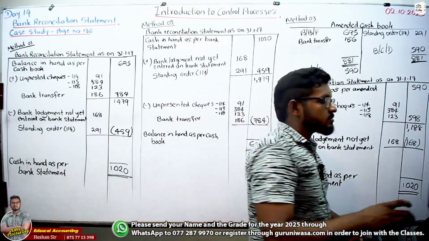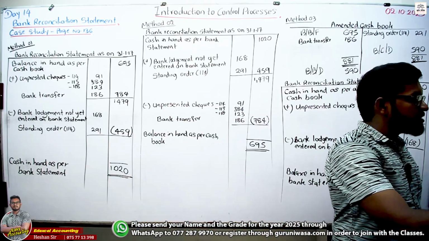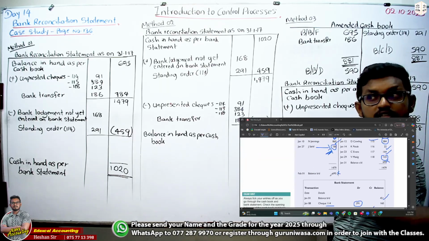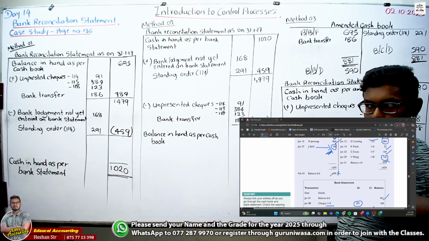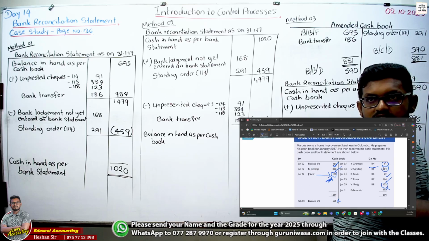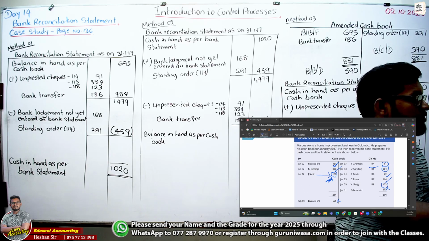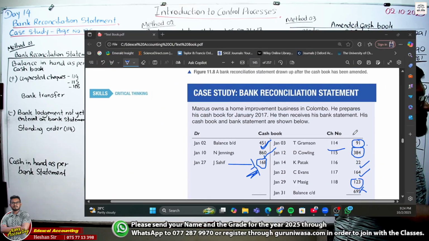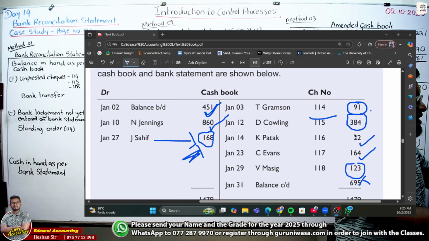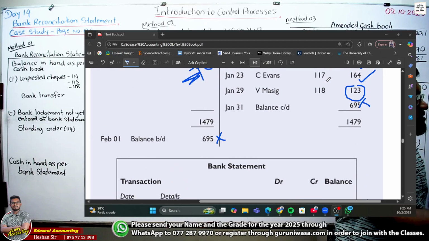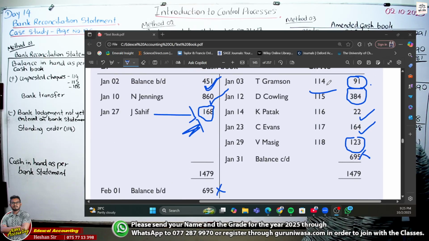But all are correct, though there is a matter. What is the matter? These are the two matters you can see in here, right? In here, just see the new thing. You can see the same check number 114 but with two values. The same check number can't have two values.